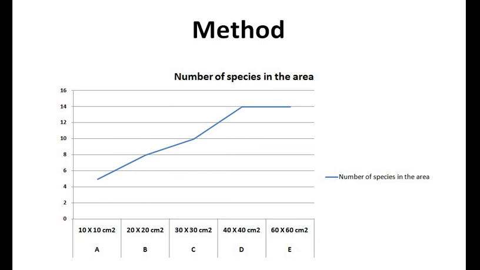From the above study, it was seen that there is a rapid increase in the number of species with the increase of the size of the quadrate, as the study showed the arrival of new additional species up to 40 into 40 cm square, and it indicates that the studied area was rich in various plant communities.